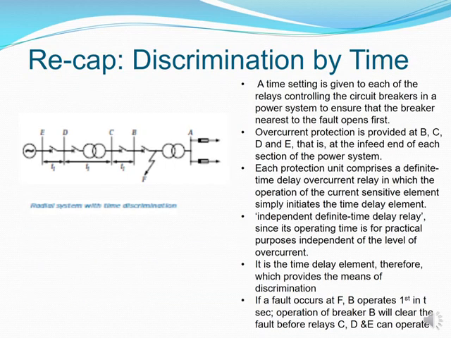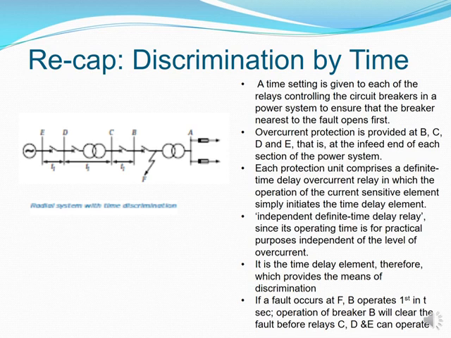This is a little bit of a recap of what we learned in chapter 1 on discrimination by time. If you're looking at the system on the left-hand side, you will see that you've got a source point, then about 5 bus bars, and there are 2 transformers in the system. This shows a fault sitting between B and A. In this scenario, if that fault occurred at that point, you expect your relay at B to be the first relay that operates to clear that fault.